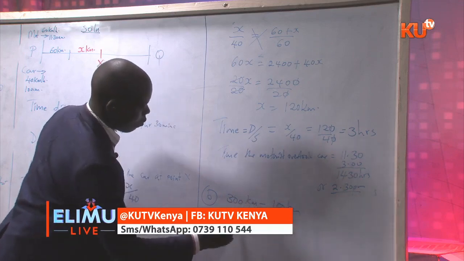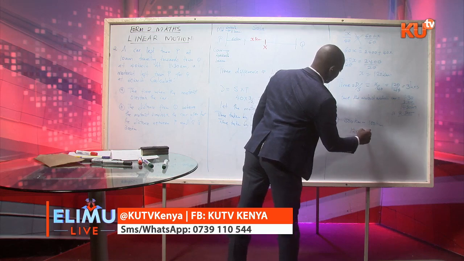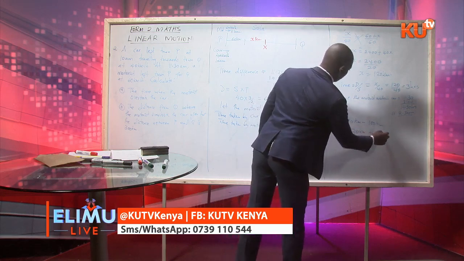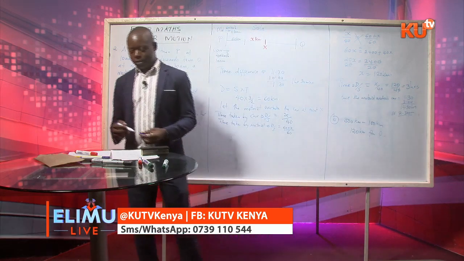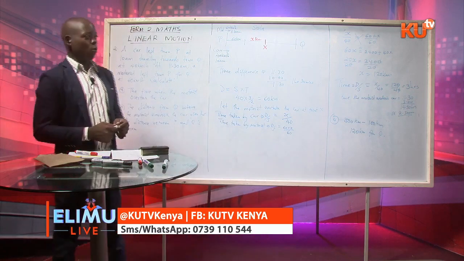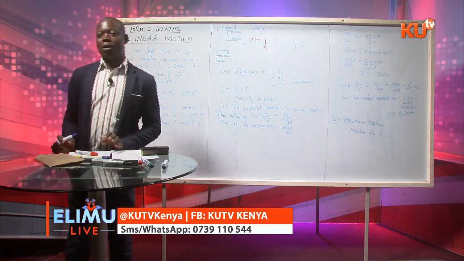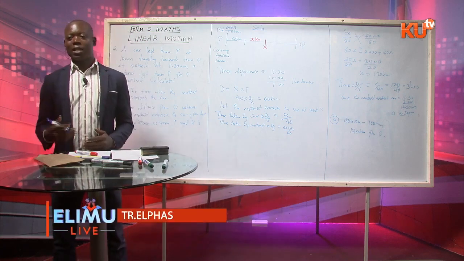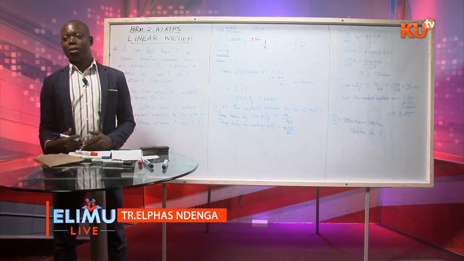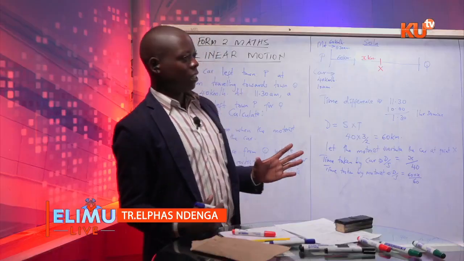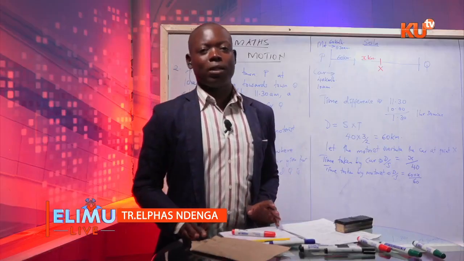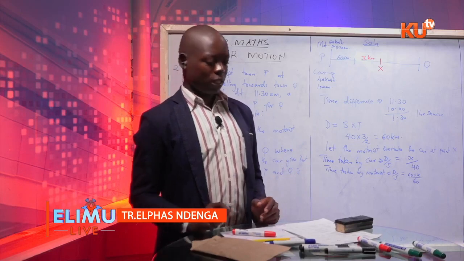So that is now 120 kilometers from Q. Therefore, that is how we work out linear motion when we have either two cases: one case of objects moving in the same direction, and objects moving in the opposite direction.